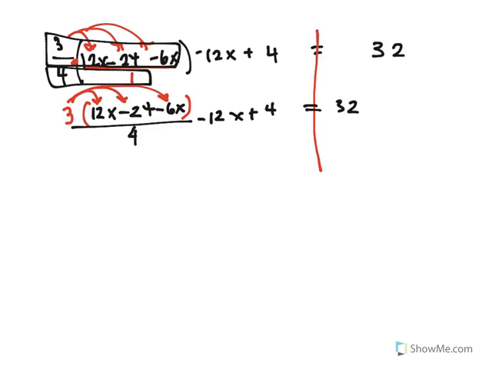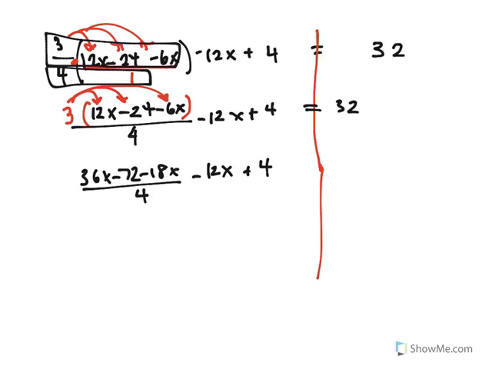And now I distribute. I give 1 to each piece. I get, hold on, let me make this longer. I get 36x minus 72 minus 18x all over 4 minus 12x plus 4 equals 32.